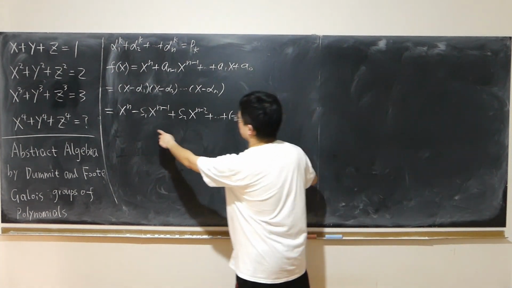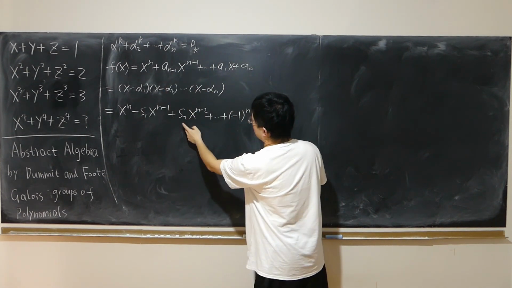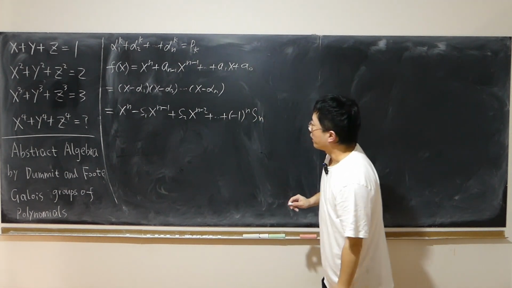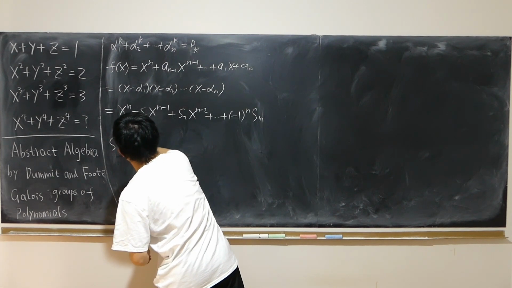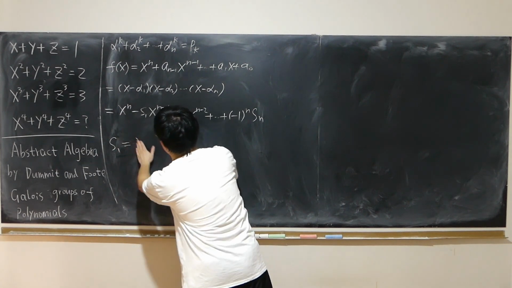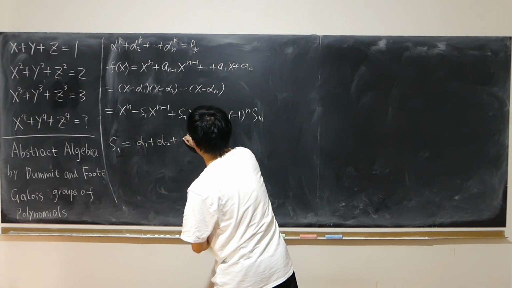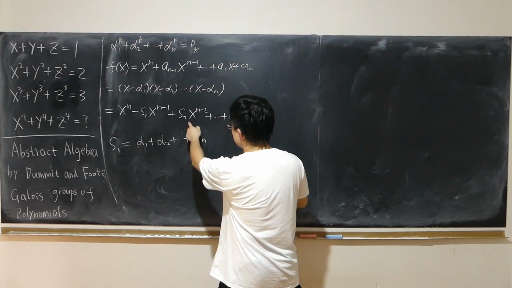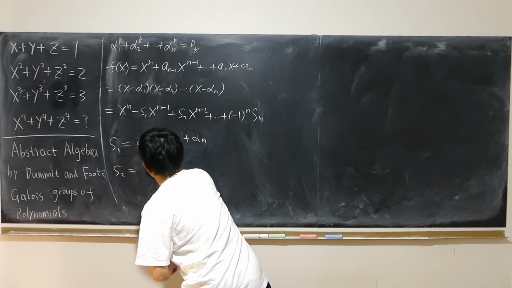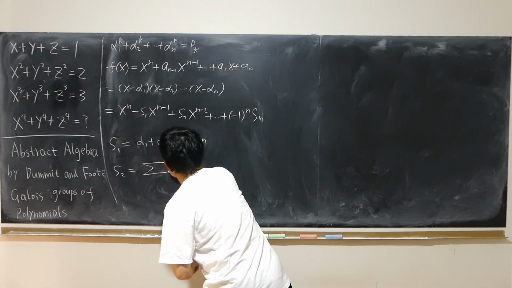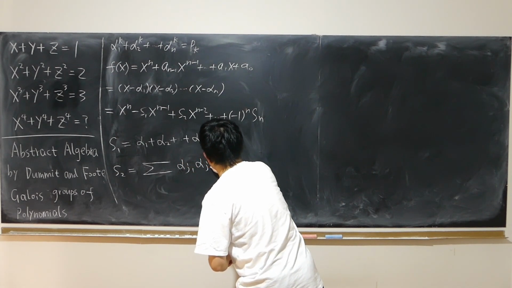And so the relation is that a n minus 1 corresponds to negative S1, and a n minus 2 corresponds to S2, where S1 happens to be the sum of the roots, alpha 1 plus all the way to alpha n, and S2 is equal to the sum of alpha j1 times alpha j2.